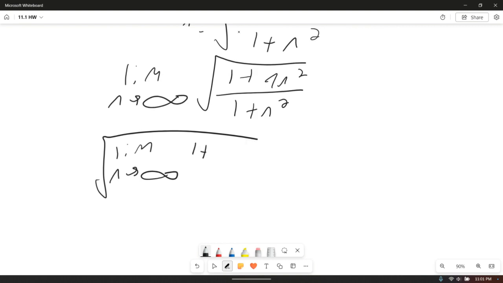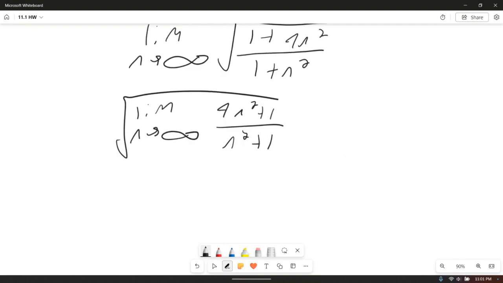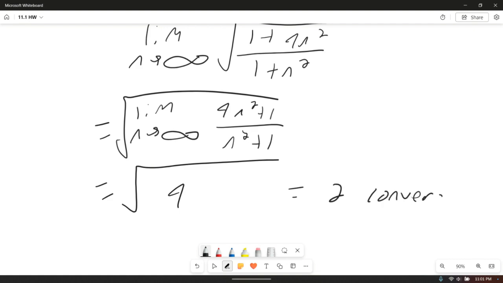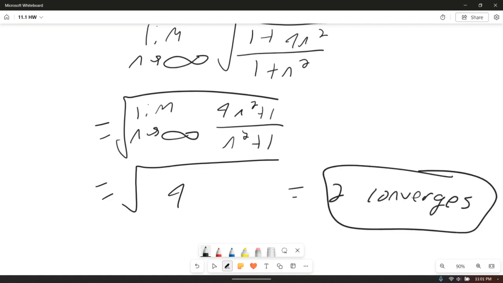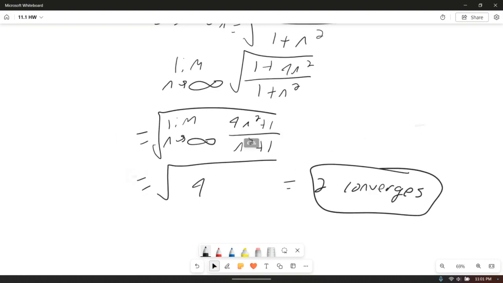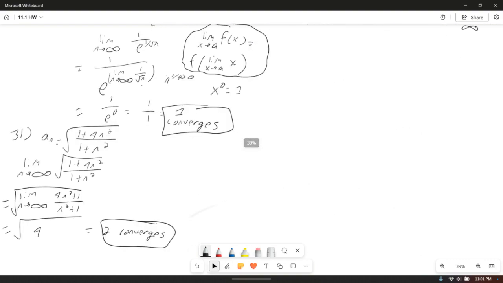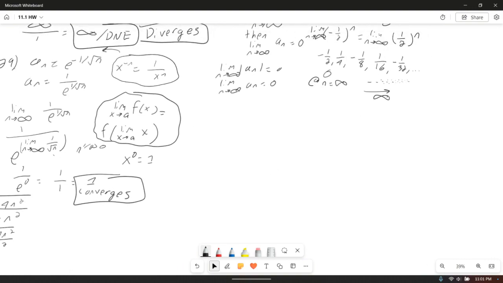Actually, I'm going to rewrite this in a way that would make it simpler to use the horizontal asymptote rule that I used on the first question. And this just equals the square root of 4, by the horizontal asymptote rule, which is 2. So it converges to 2. Very simple. Not too bad, not too bad.